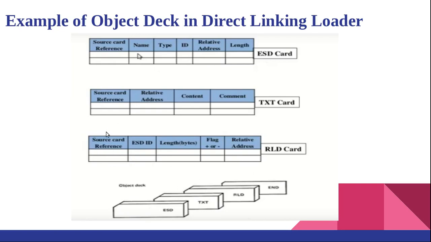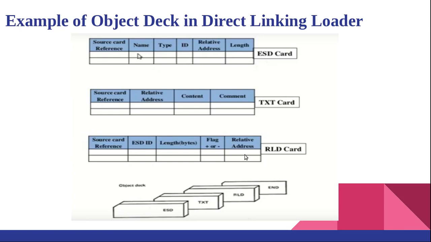So it has the source card reference number, the ESD ID, that is the ID of the symbol mentioned in the ESD card, then length, then we have a column that is flag. The flag indicates that the addresses mentioned here hold data that depends upon the address at which the program is going to be loaded.